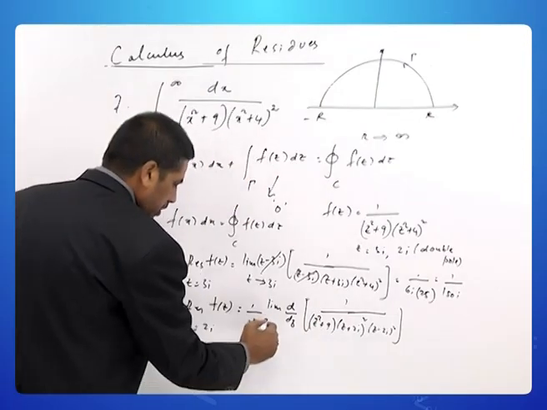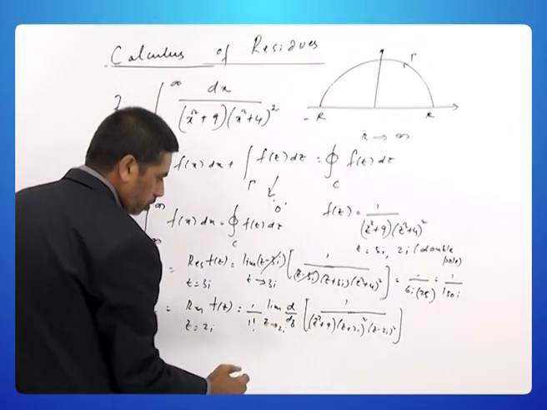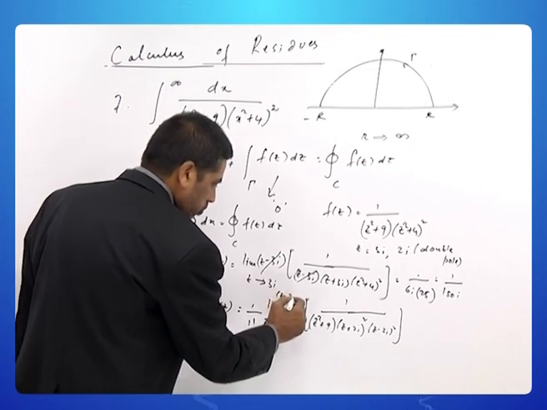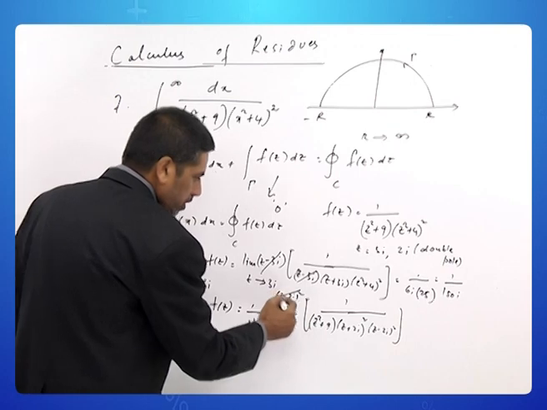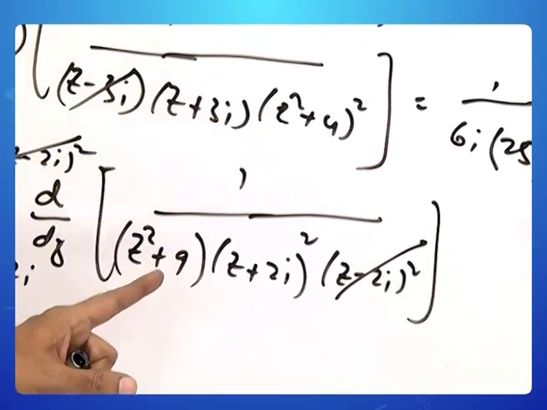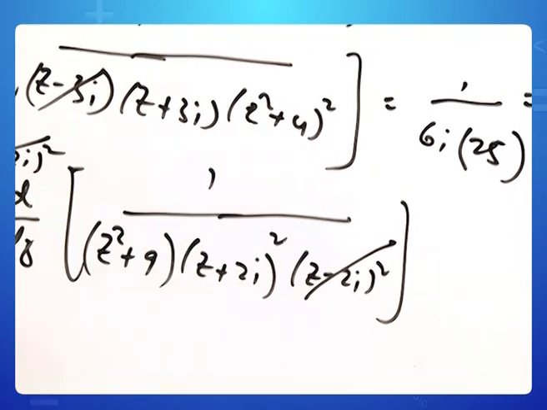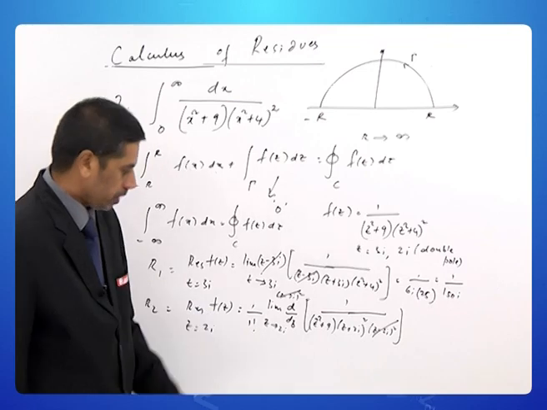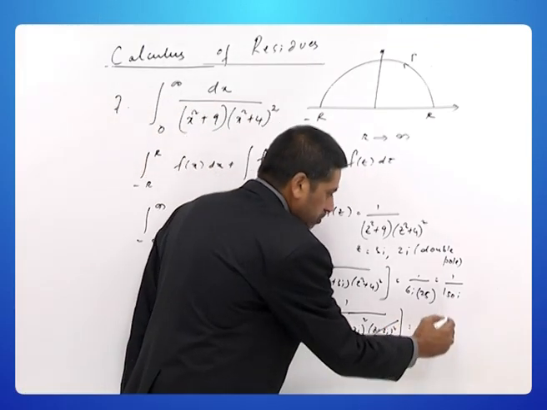This is a slightly long calculation, but I am sure here we forgot one thing. We forgot to write z minus 2i whole square. So, this will get cancelled with this, and then whatever remains, 1 by (z square plus 9) into (z plus 2i) whole square, should be differentiated, and then you apply z is equal to 2i. You will get certain result.